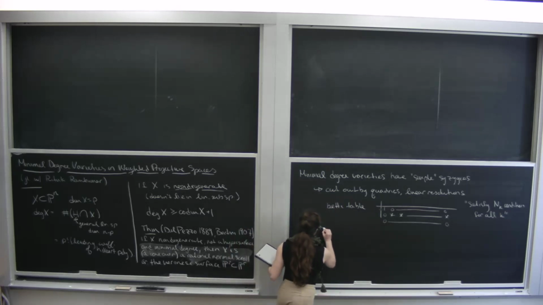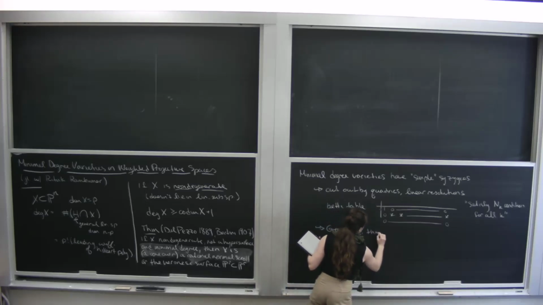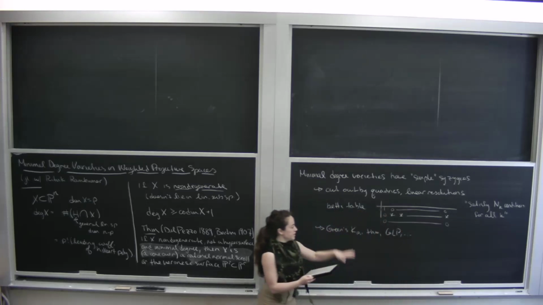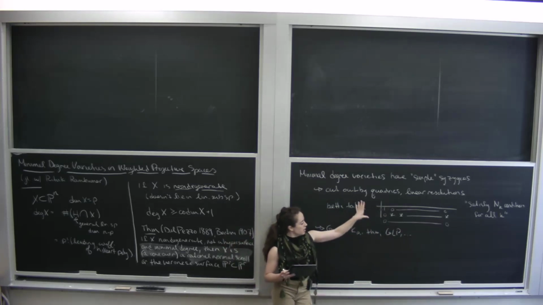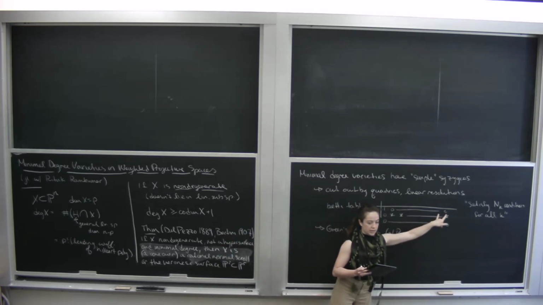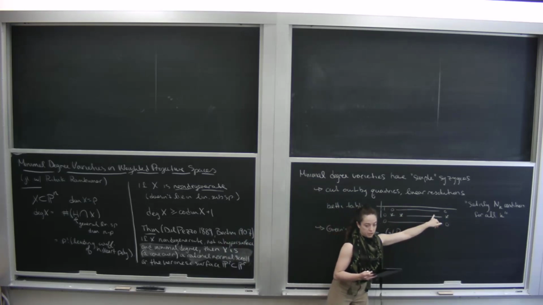So these have some nice connections to syzygies, and they totally characterize these things that are entirely contained in the second row. So actually anything that looks like this has to be a minimal degree variety.